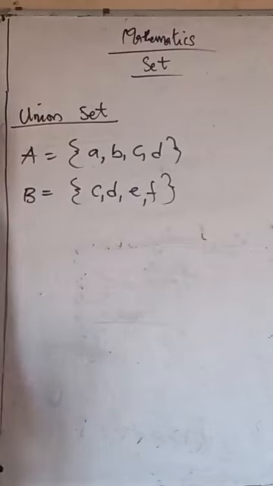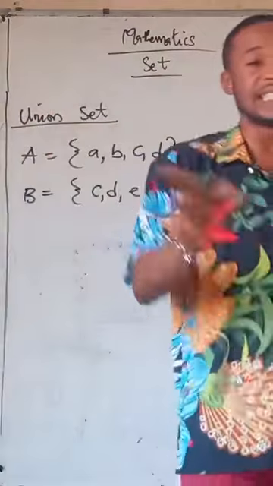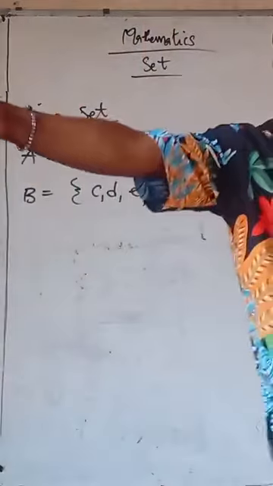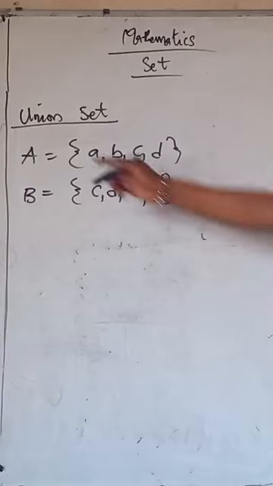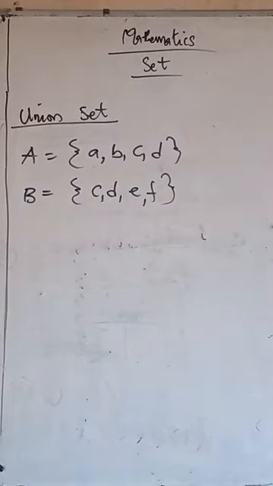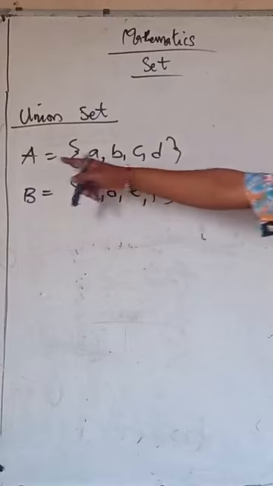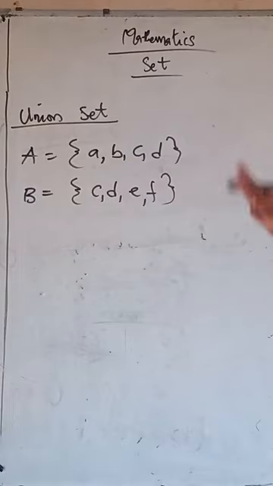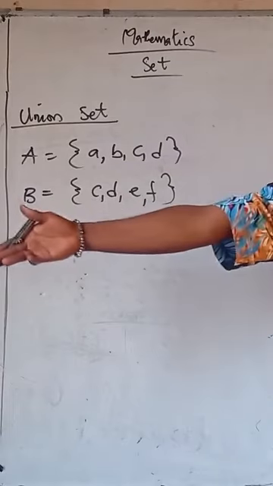I told you union set is the combination of the first and second set to give the third one. That is called the union set. The first and second added together give the third one.